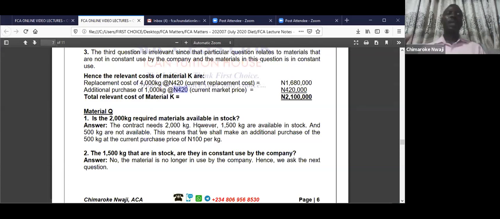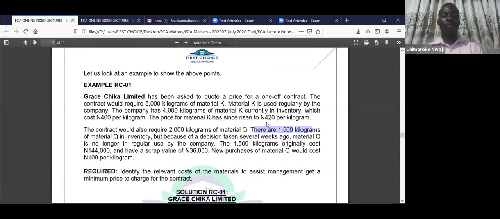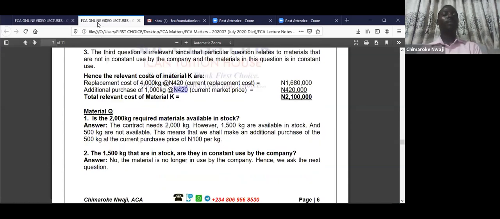It means we shall make additional purchase of 500 units at the current market price. And what's the current market price here? You open your question. The current market price, you said new purchases of Q would cost 100 naira per kilogram. So your current market price is 100 naira.